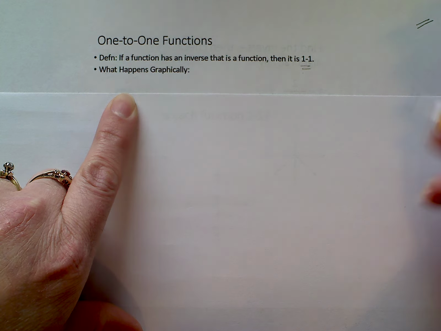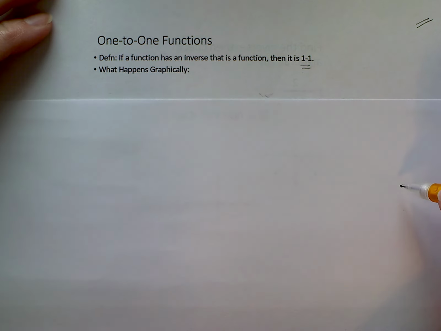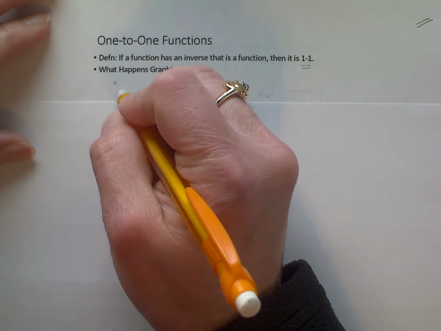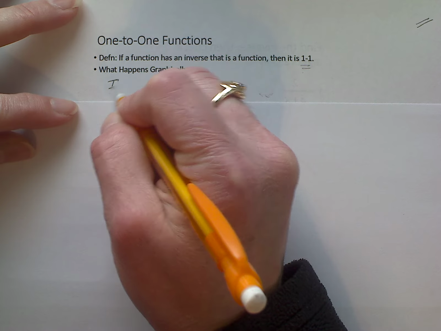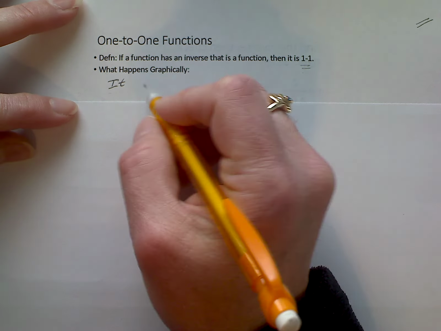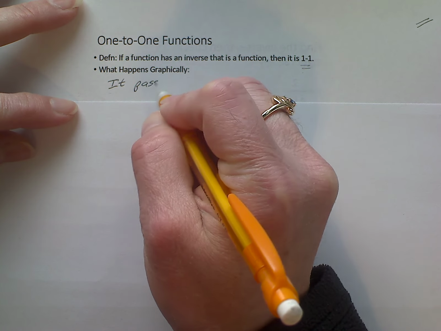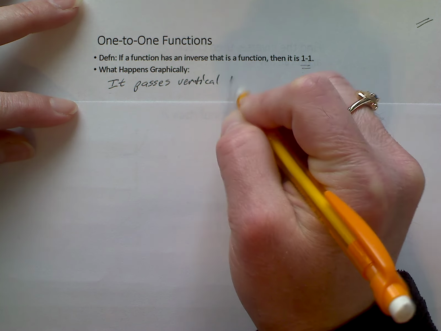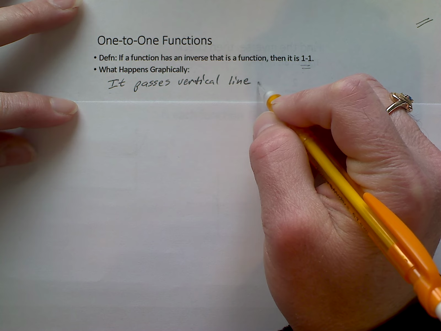So, remember our vertical line test to tell if something was a function? Well, then it passes the vertical line test, but there's also another test. The vertical line test just tells you that the original is a function.